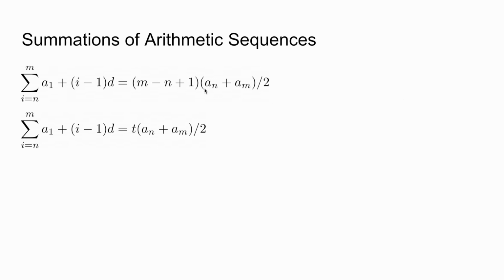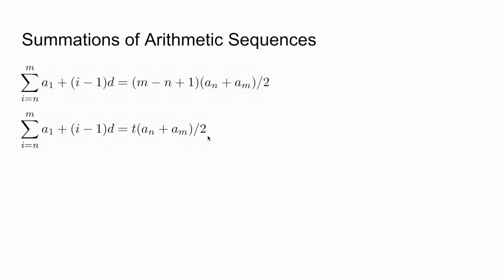So we get this, and another way of writing this is just the number of terms times the starting term plus the ending term divided by 2. So basically what this is saying is the average of the starting and ending terms.